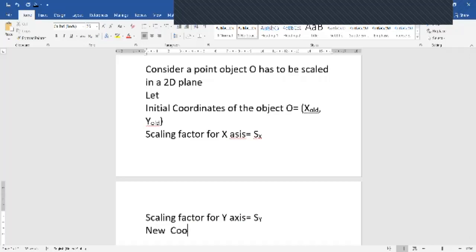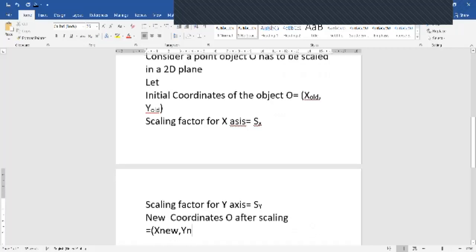The new coordinates of the object O after scaling are x new and y new.